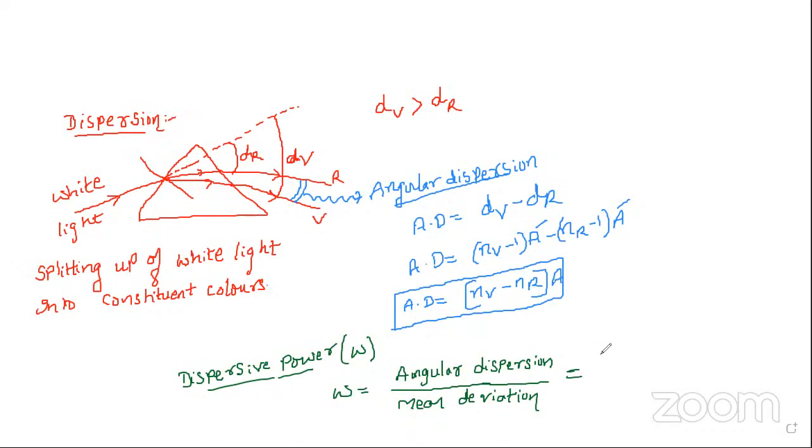Angular dispersion is the deviation for violet minus deviation for red, divided by the mean deviation. How to take the mean deviation for two colors? dV plus dR, divided by 2. Yeah, that is the mean deviation. So dispersive power is the ratio of angular dispersion to the mean deviation.